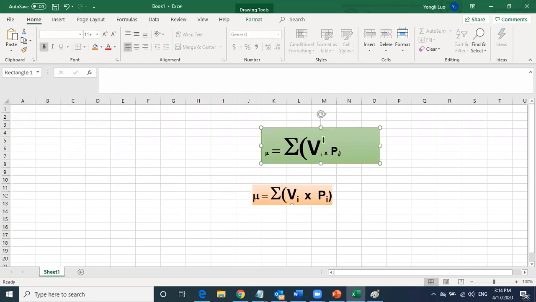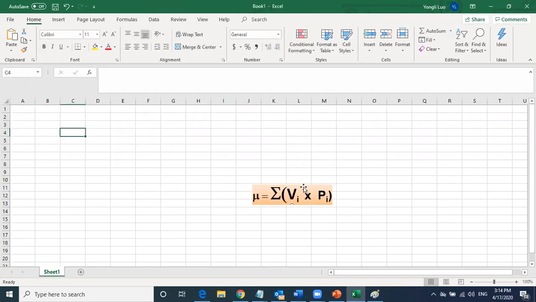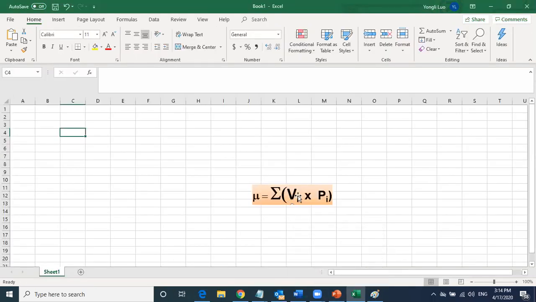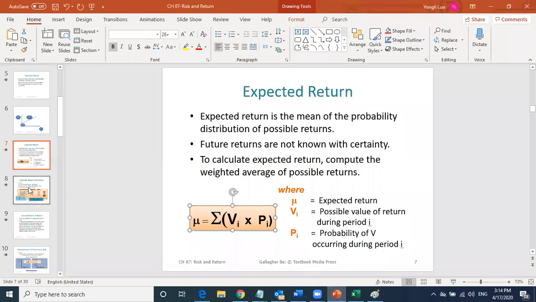So you have the expected return equal to the probability times the value that occurs under that possible probability.